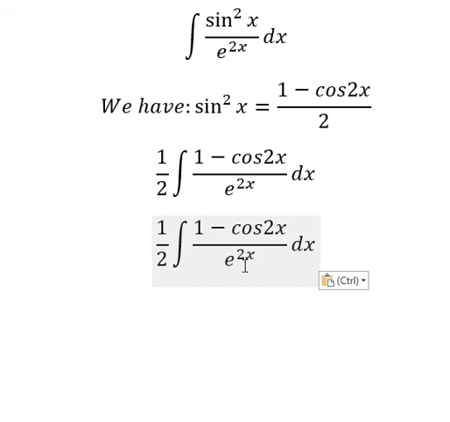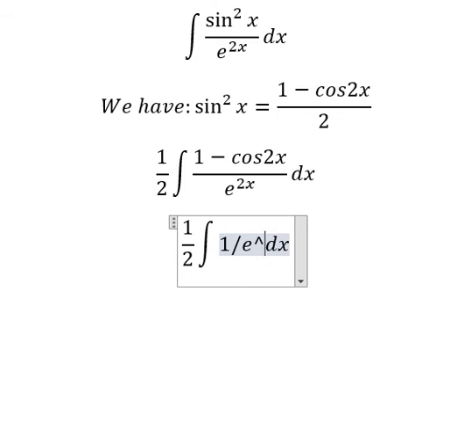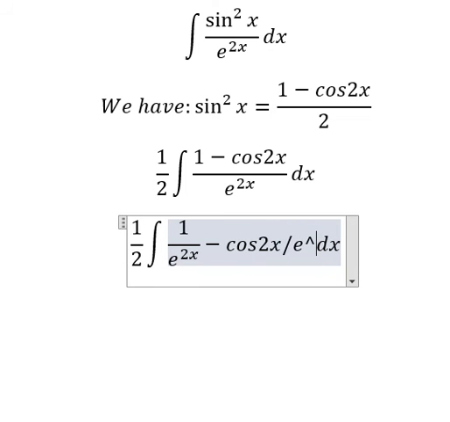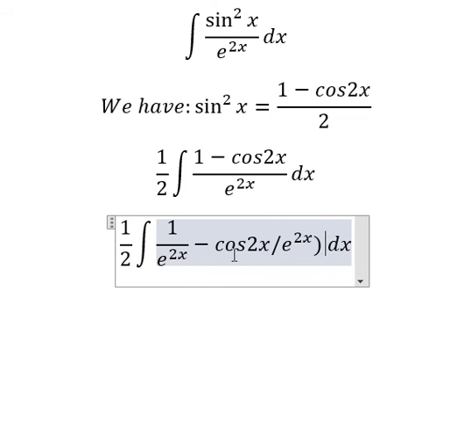So this one divided by e to the power of 2x, cosine 2x divided by e to the power of 2x. So we will get 1 over e to the power of 2x minus cosine 2x over e to the power of 2x.